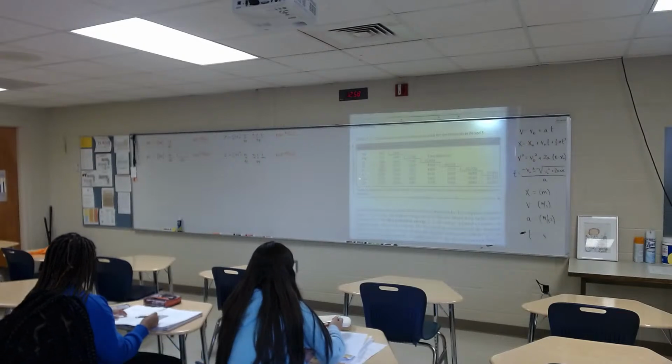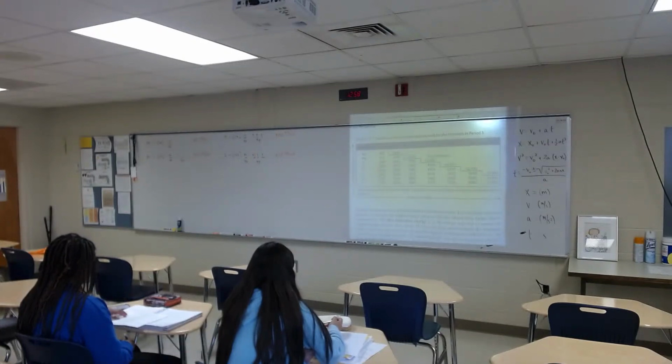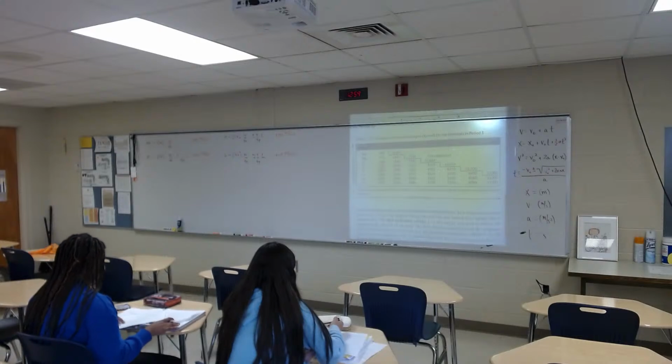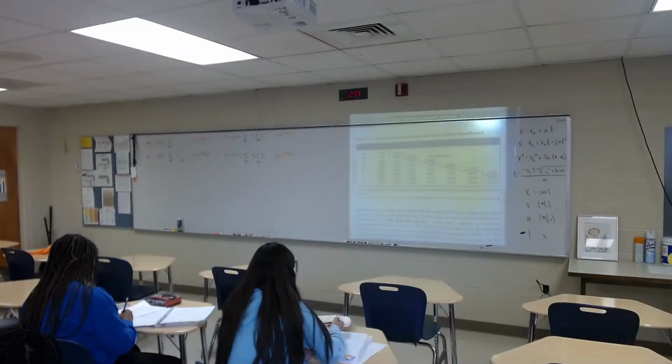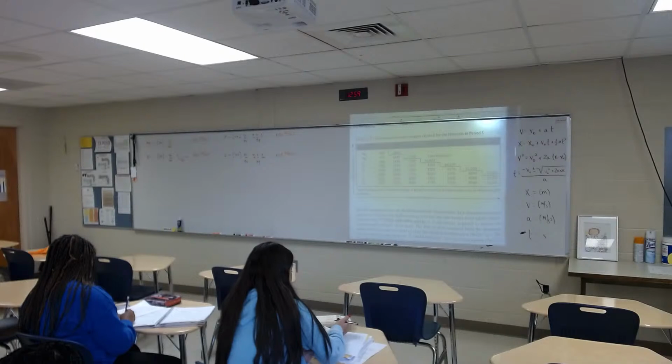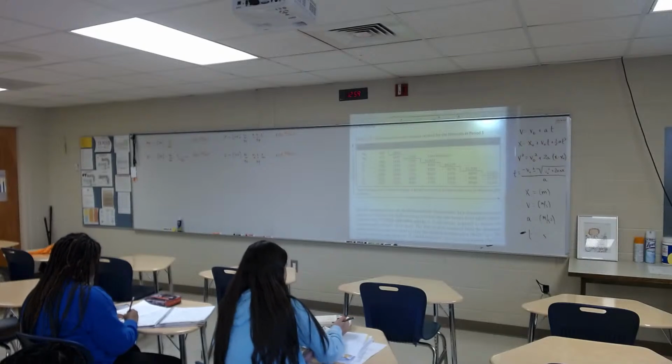All right. The trend says that as you go across that period, which is down the column in this table, it gets harder to remove an electron, or you could say the ionization energies get higher, right? So there's a higher energy requirement to remove an electron as you go across the period because of the greater effective nuclear charge.